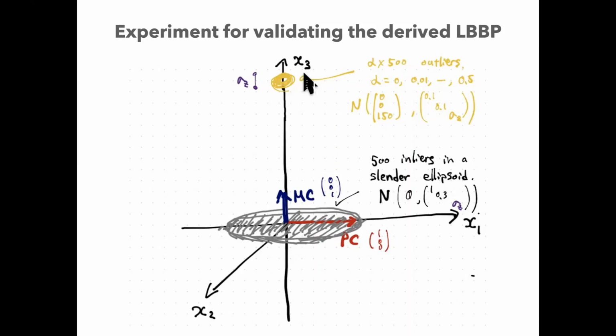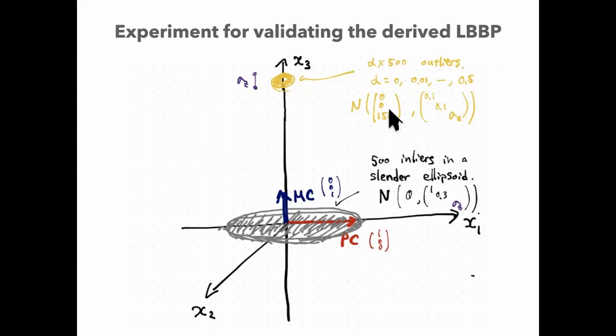And for this inlier dataset, we add a chunk of outliers drawn from a normal distribution with mean 0, 0, 150, with variance for each direction 0.1, 0.1, and sigma z.